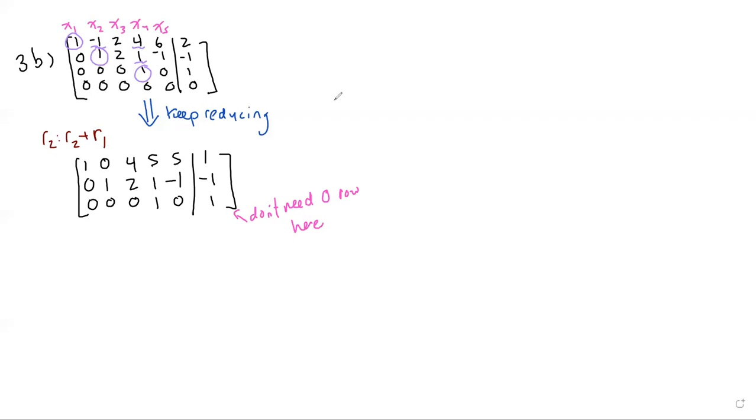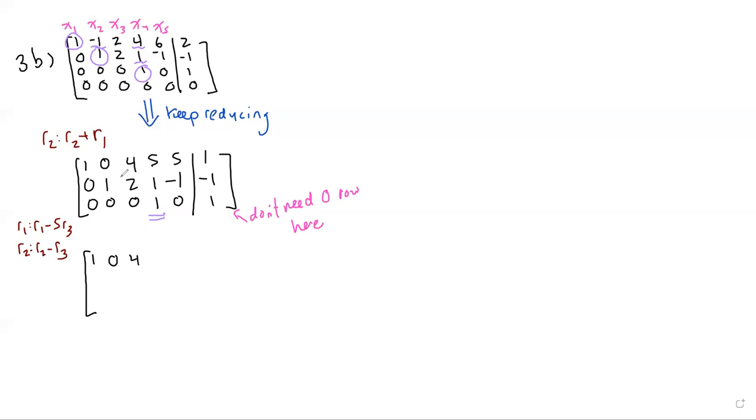And so now I'm going to use specifically this pivot here to get rid of the 1 and the 5 above it. So that's going to be row 1 is row 1 minus 5 of row 3. And row 2 is going to be row 2 minus row 3. And so I'll have 1, 0, 4.